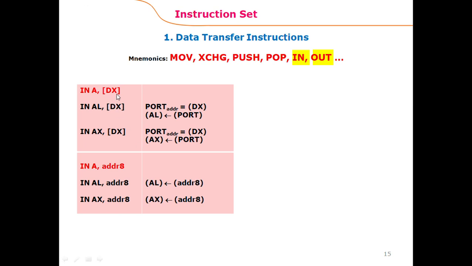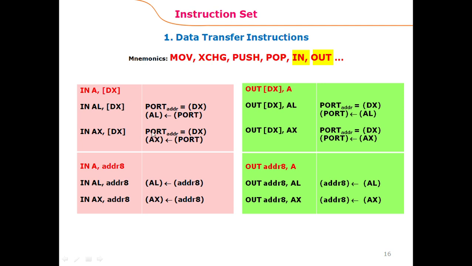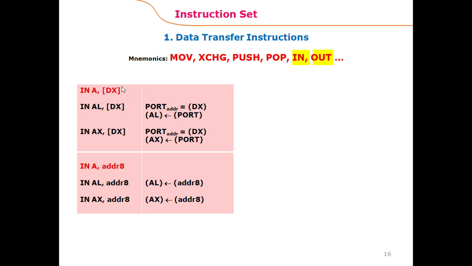So the address of the input port is provided indirectly through a register, and this address can also be provided directly using direct port addressing. So in this instruction, this is the port address. That port address would identify an input port from where the 8-bit data is to be read.